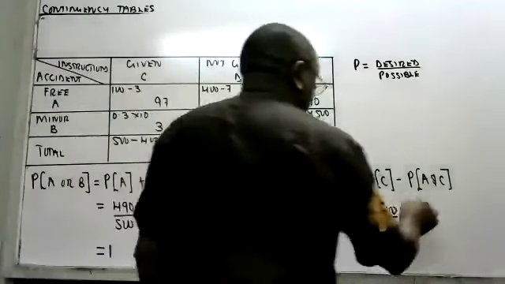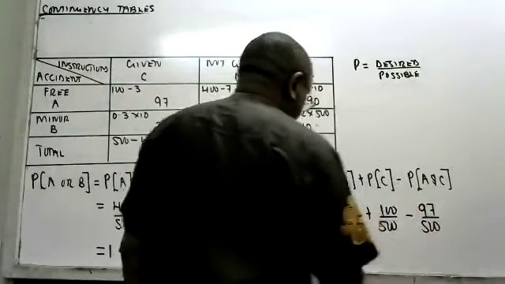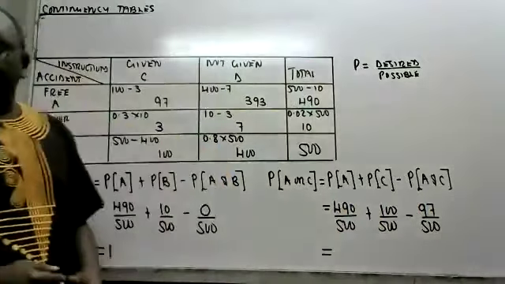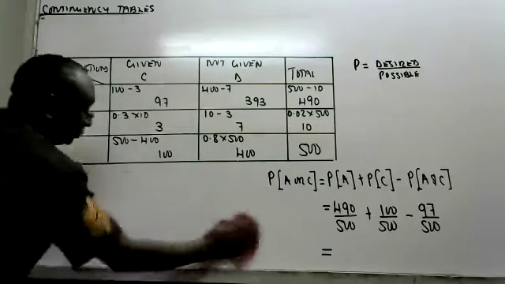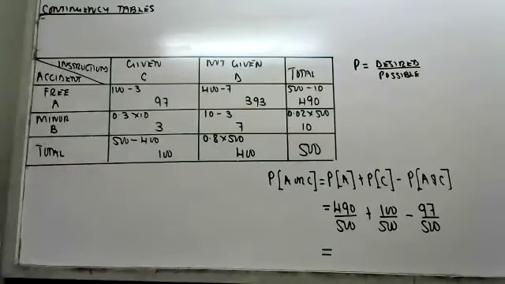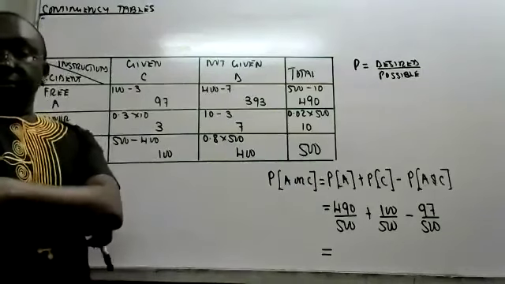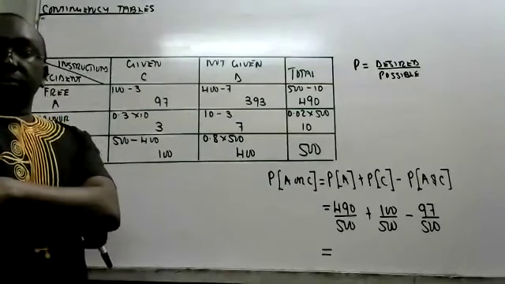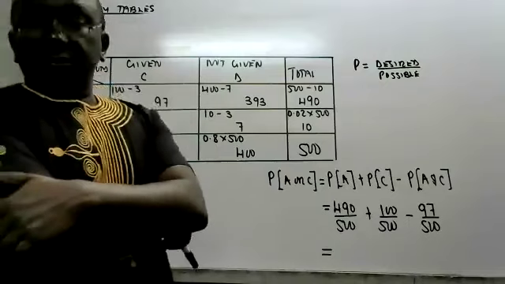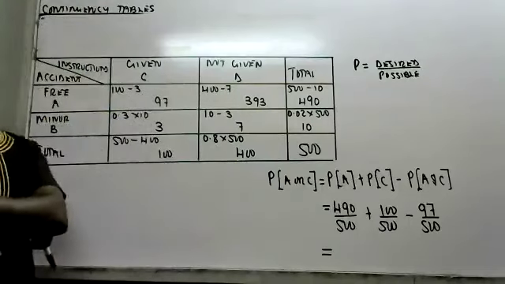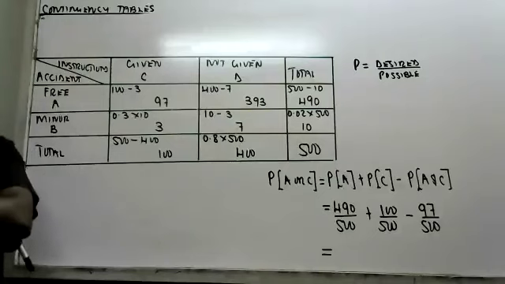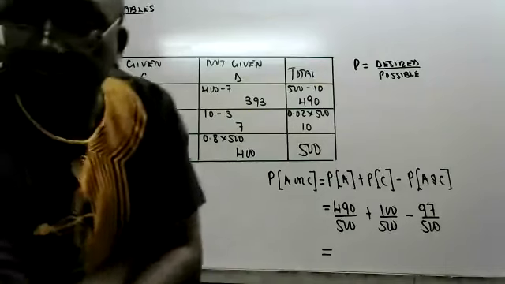We have 97, so 97 out of 500. So give me the answer to that.